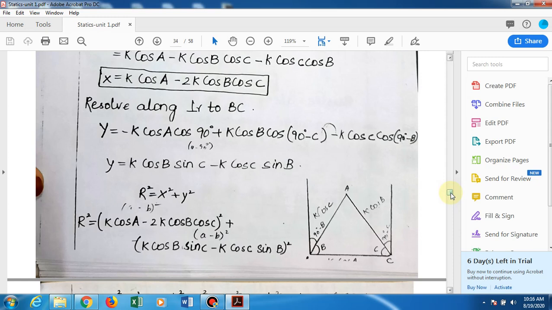Then you have to resolve perpendicular to BC and you will get this. Then we know R square is equal to x square plus y square, because we want the answer. Use the formula a minus b the whole square and find the value for R square.